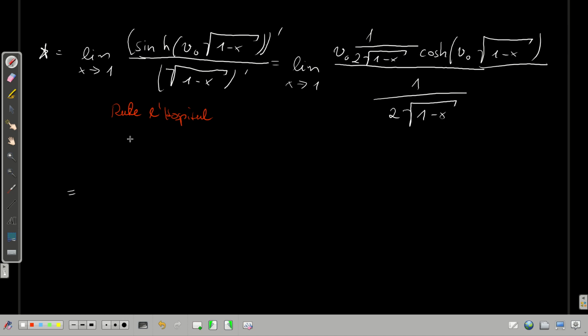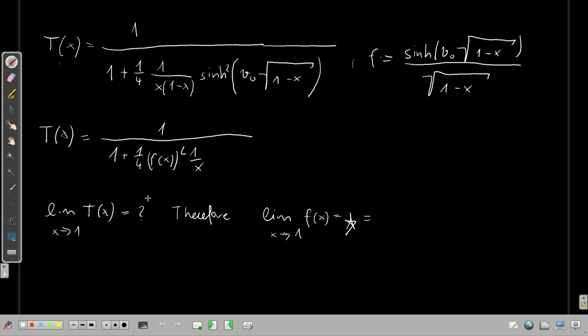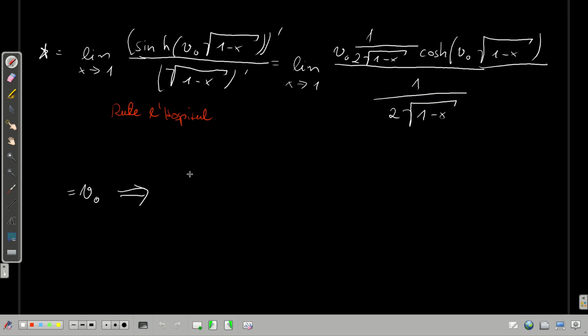Finally, this limit here has the value of v0. And from this it follows, because here we calculated the limit of f of x when it approaches 1, and since the other factor also goes to 1 as x goes to 1, we can just plug in the value of v0 squared here, and we arrive at the following expression.